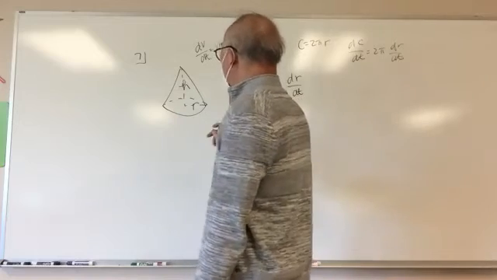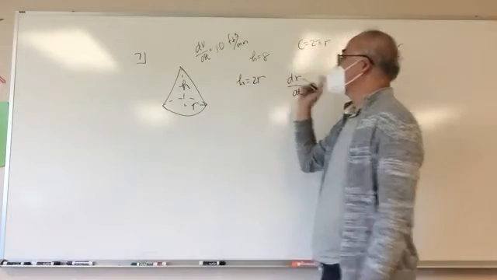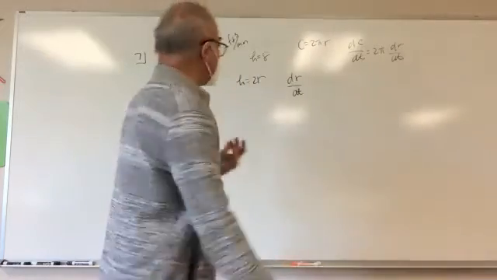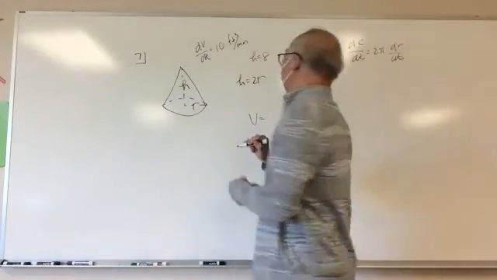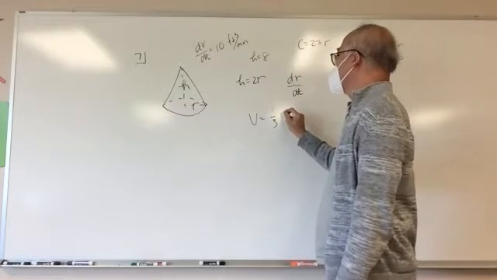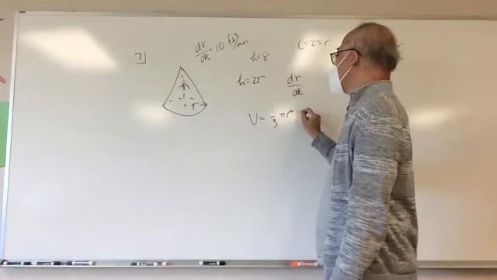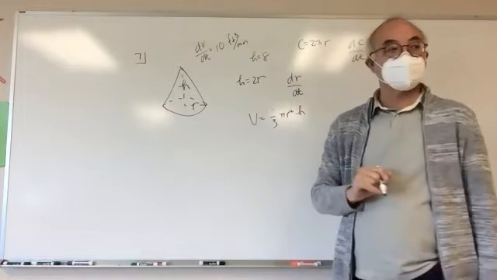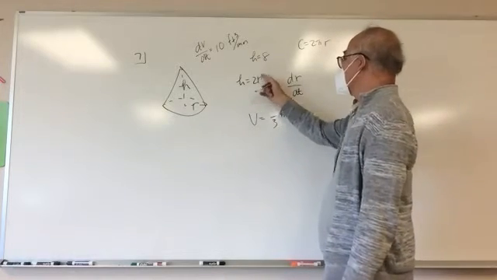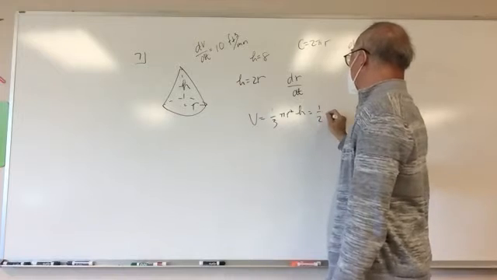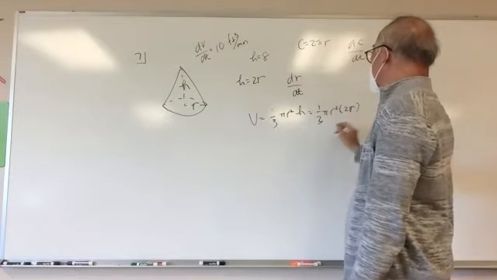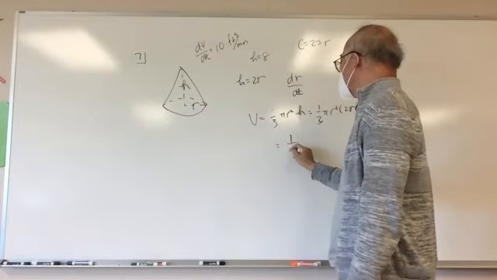So what links the stuff that we know here? What's the equation we need? The volume of the cone is equal to 1/3 pi r squared h. But I know that h is 2r, so I can get rid of the h. That's helpful, so now I actually have a single variable.